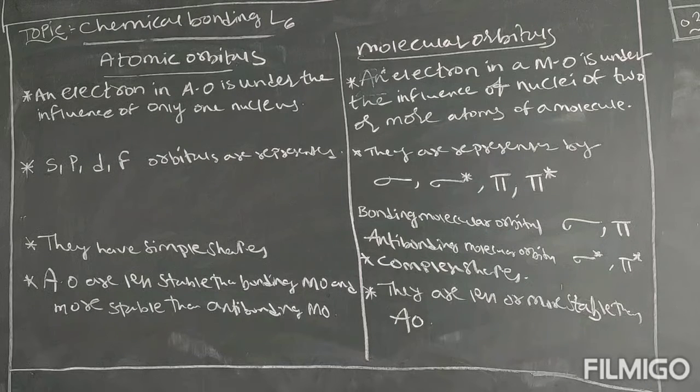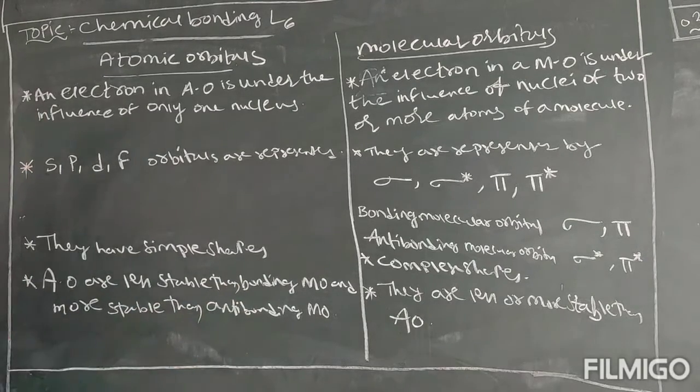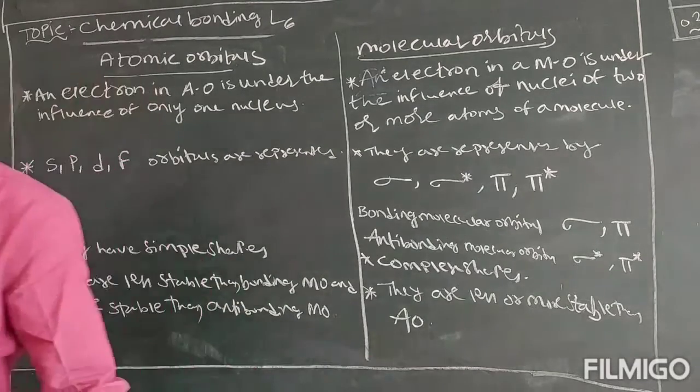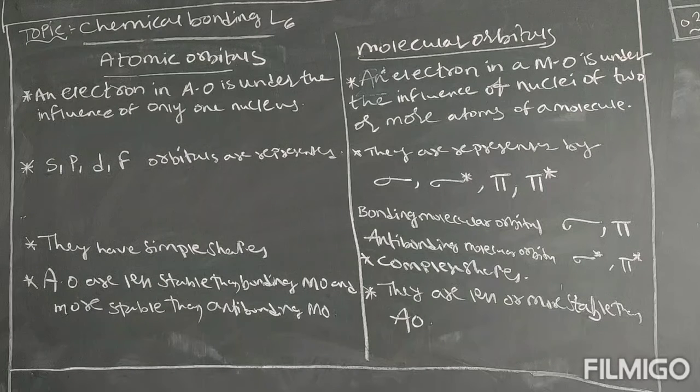And atomic orbitals are less stable than bonding molecular orbitals, and more stable than anti-bonding ones. So you have to note all these things down, and then we will have a detailed discussion about what an atomic orbital is, what a bonding molecular orbital is, what an anti-bonding molecular orbital is, the definitions, and how the sizes will be.